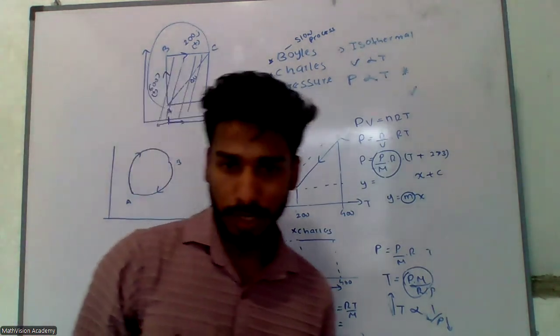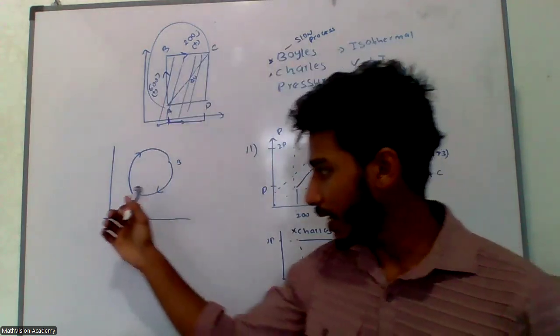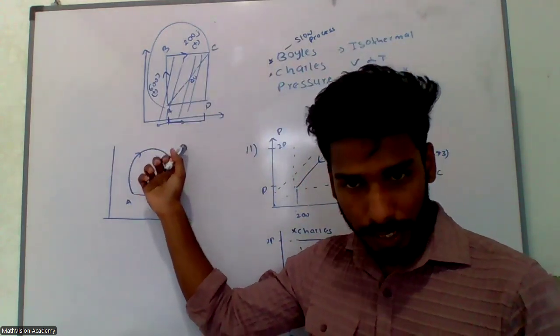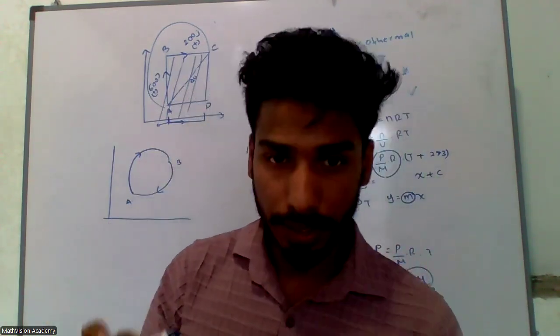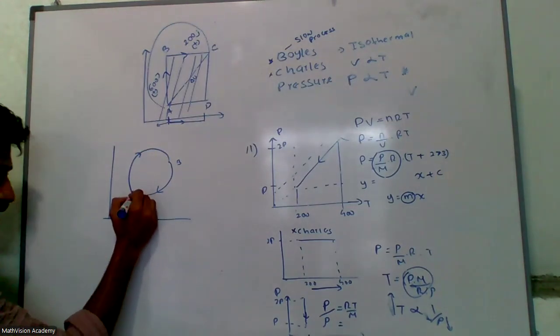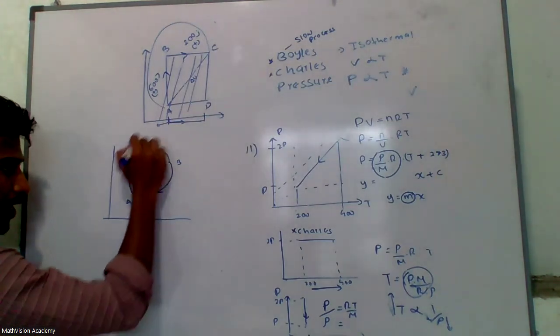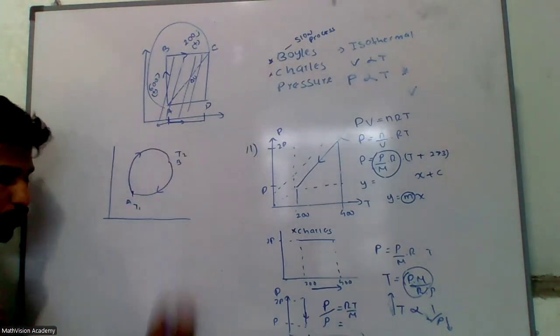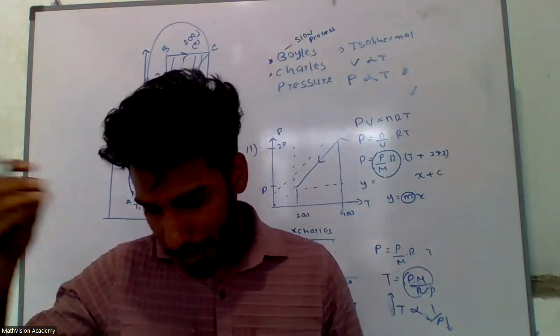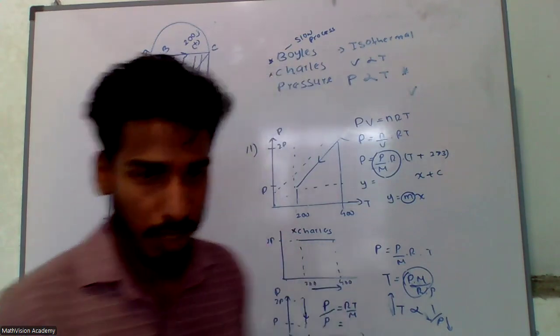So now see the point. I'm starting at A, I'm moving to B, and I'm returning back to A, which means if the temperature was T1, I had to face a different temperature T2. But I am back to my home itself. I am coming back to the same place.